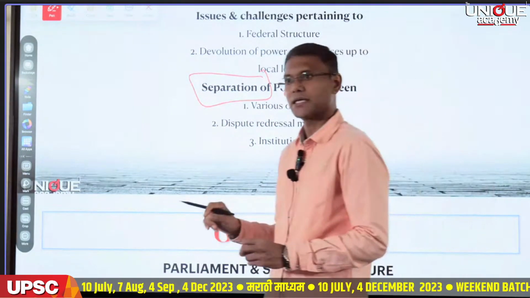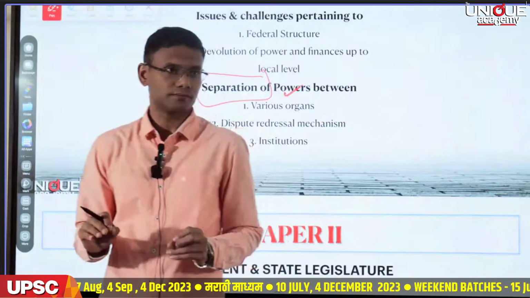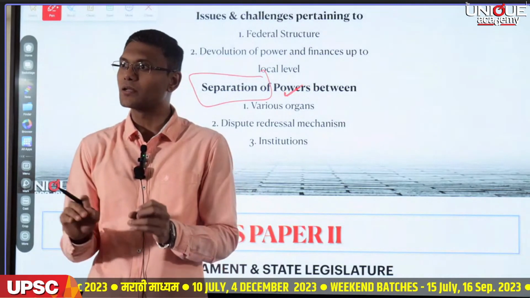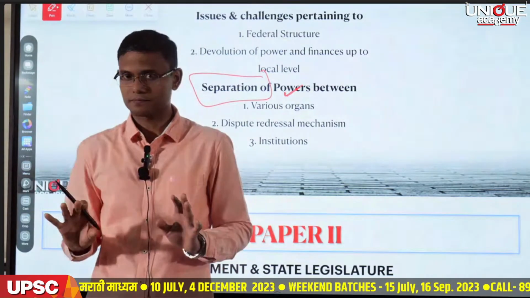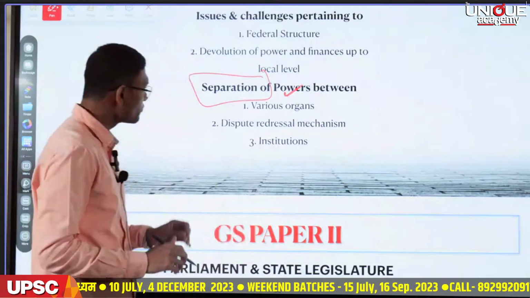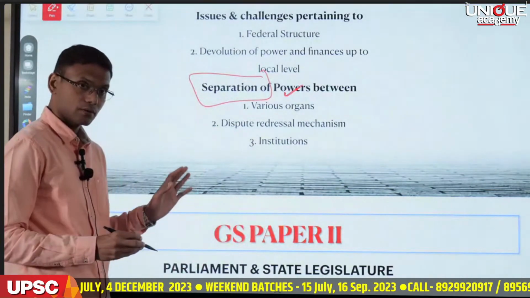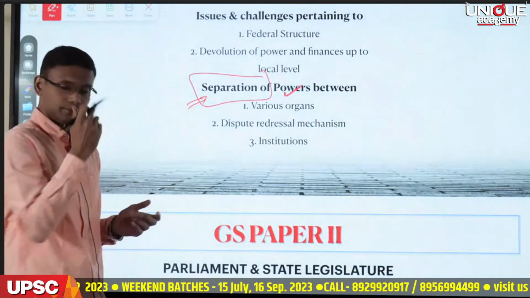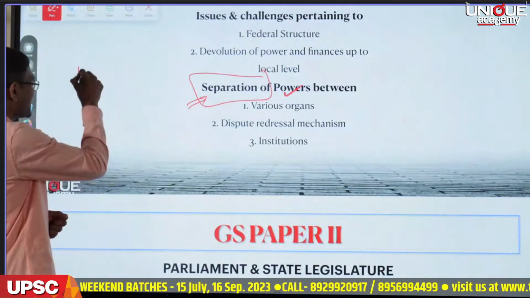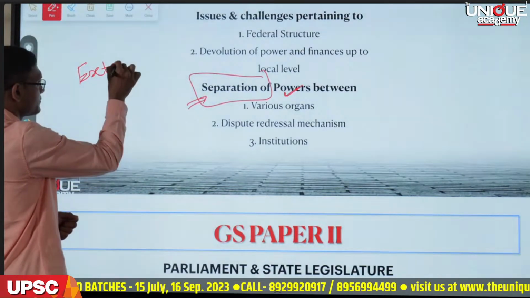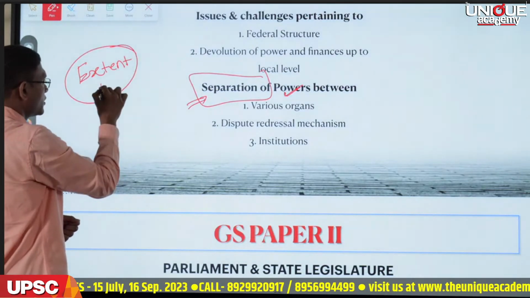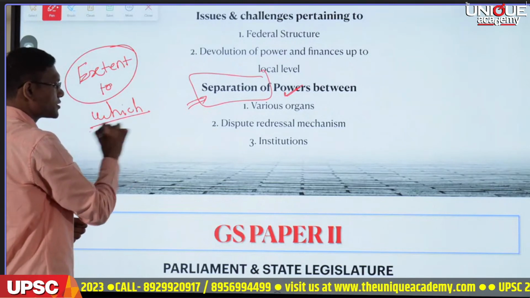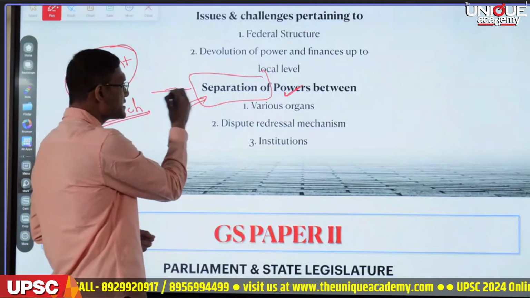It is to ensure that the governance is smooth and doesn't result in concentration of powers, which would ultimately result in chaos. Right? So under this point, we have to discuss the extent to which our Constitution proposes separation.